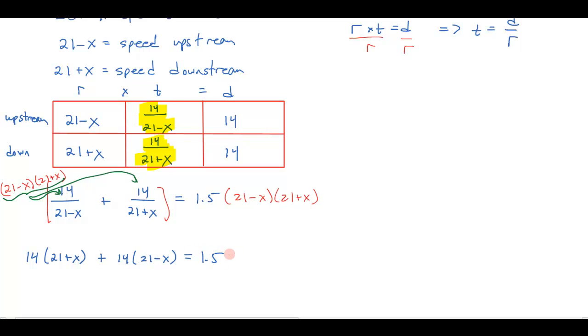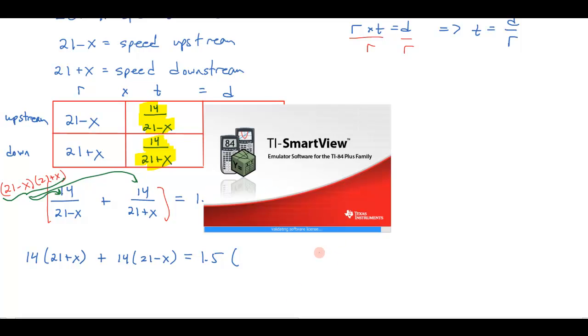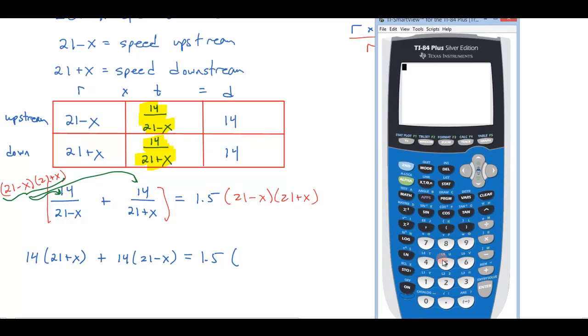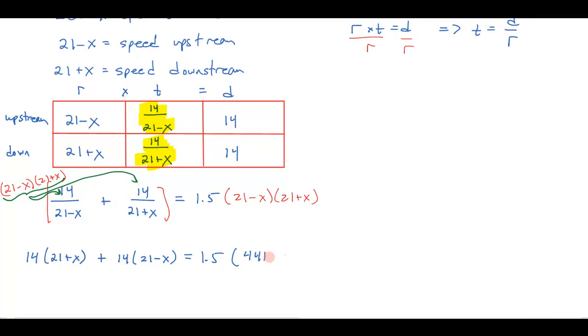And over on this side, I'm going to get 1.5 times this, and this is one of those special products. Right now, I've forgotten what 21 squared is, so let me open up my little handy-dandy calculator here and see what that's going to equal. All right, so 21 squared is 441, so this is going to be 441 minus x squared.